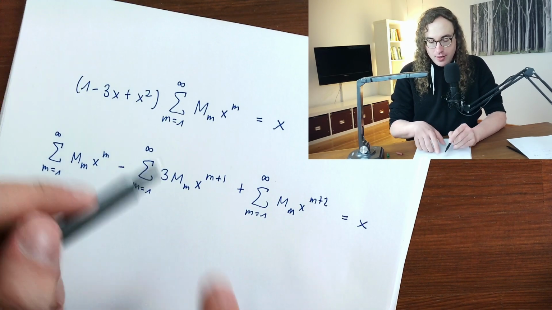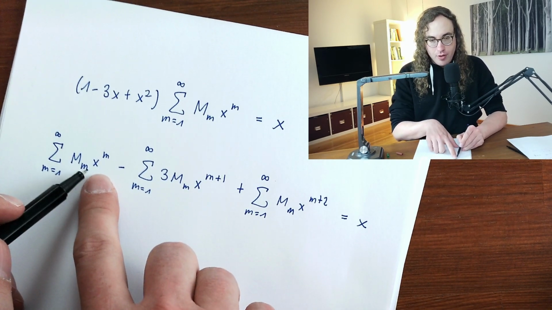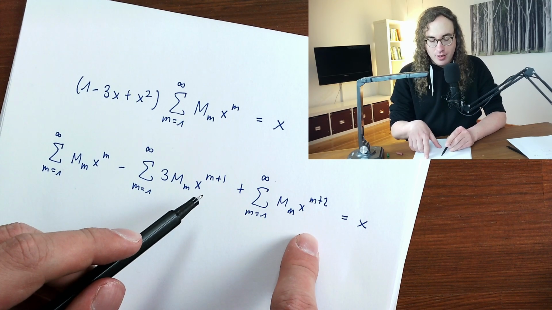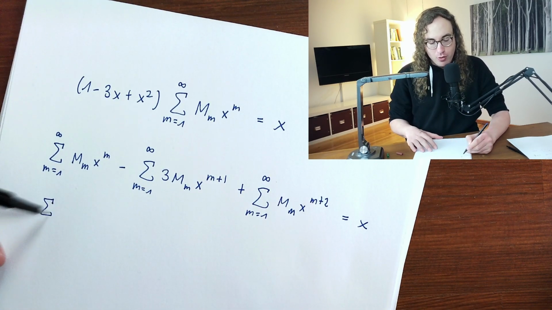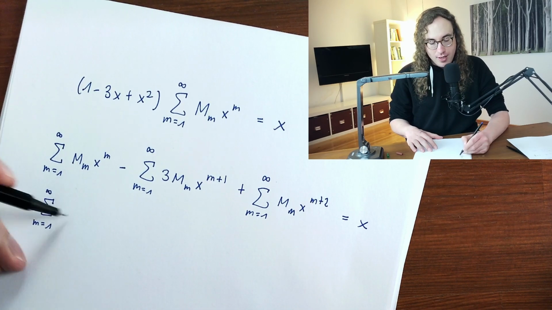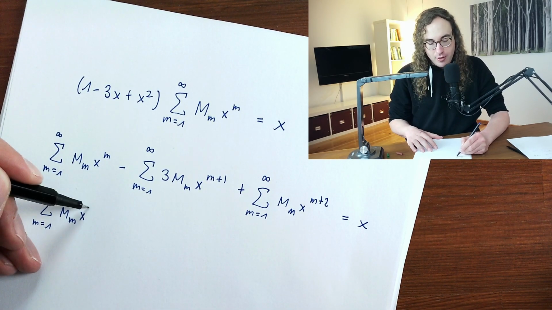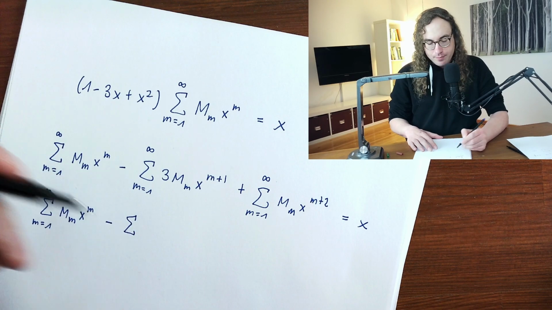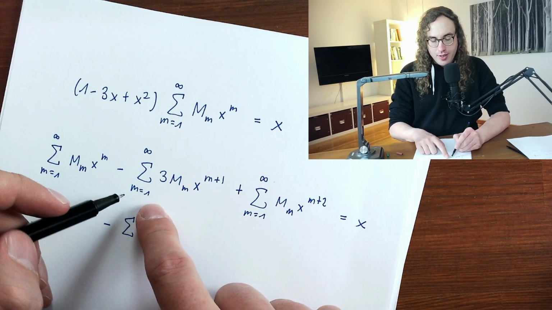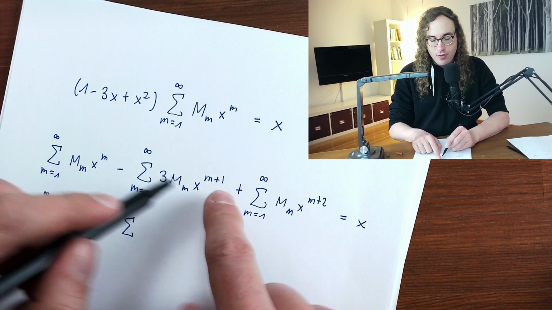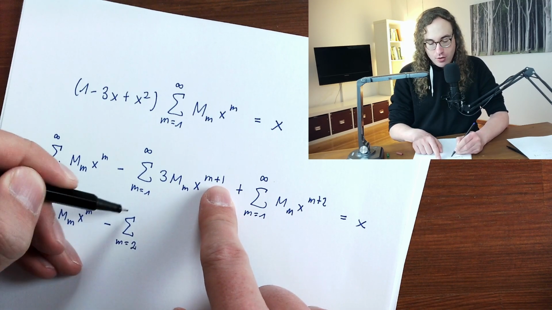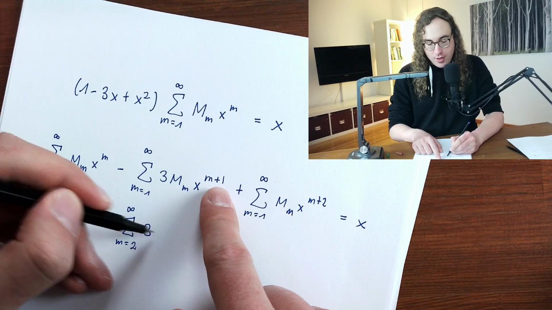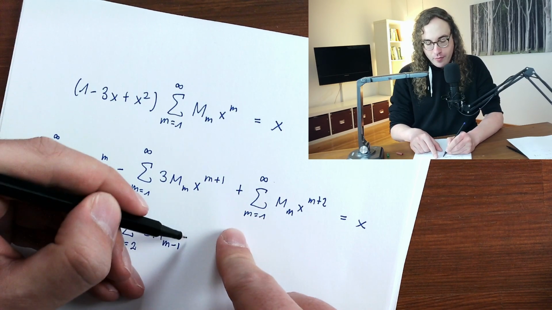Good, now I'm a little bit upset about all the exponents being different here, so I'll re-index the sums so that they all get the same exponents. The first sum is actually fine. I won't be doing anything here. The second one, you see the first summand I get, m is 1, so the first exponent I get is 2. So let me just start this sum at 2. So I get 3m minus 1 x to the m.